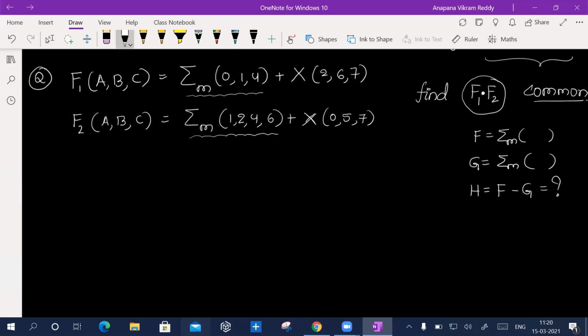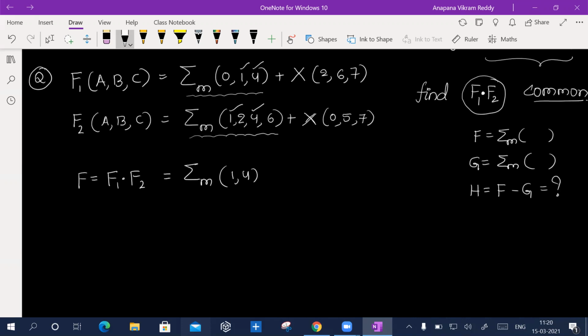Which minterms are common here? 1 and 4, sir. Yes. So let's write it down. Sum of minterms: 1, 4 are there in both F1 and F2. So I take 1, 4 in this case.